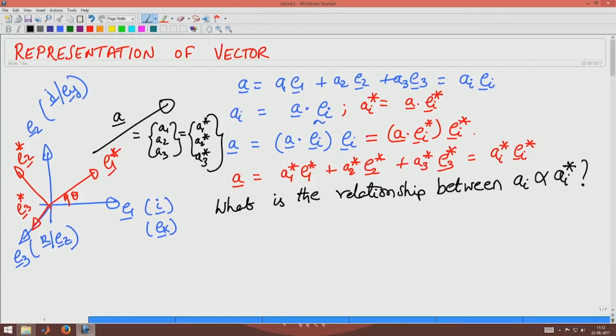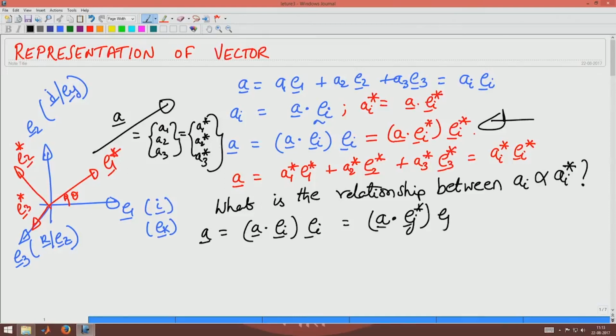I take this equation, A is A dotted with Ei, and I rewrite this as A dotted with Ej star, Ej star. J is repeating twice, so I can replace J with K or I or A or B or C or D, it does not matter.